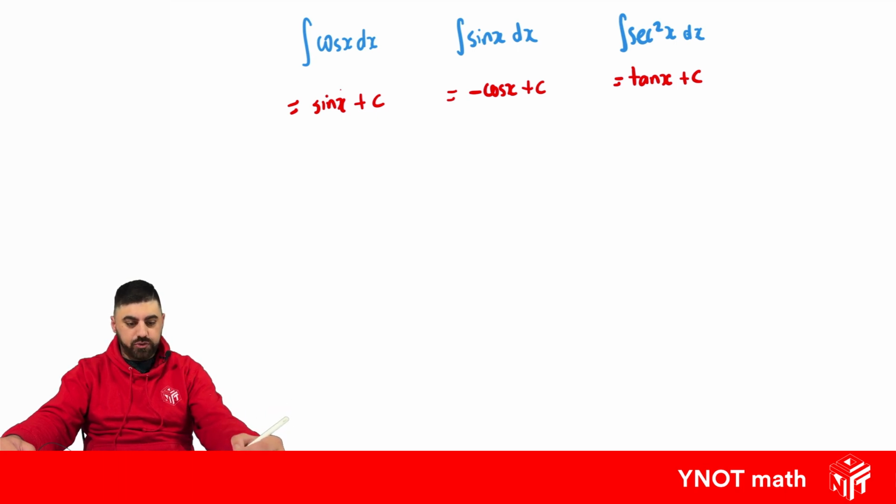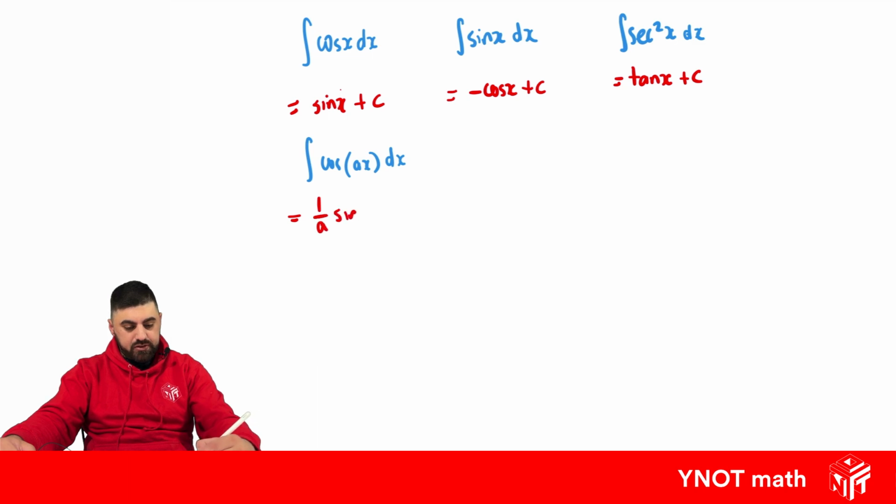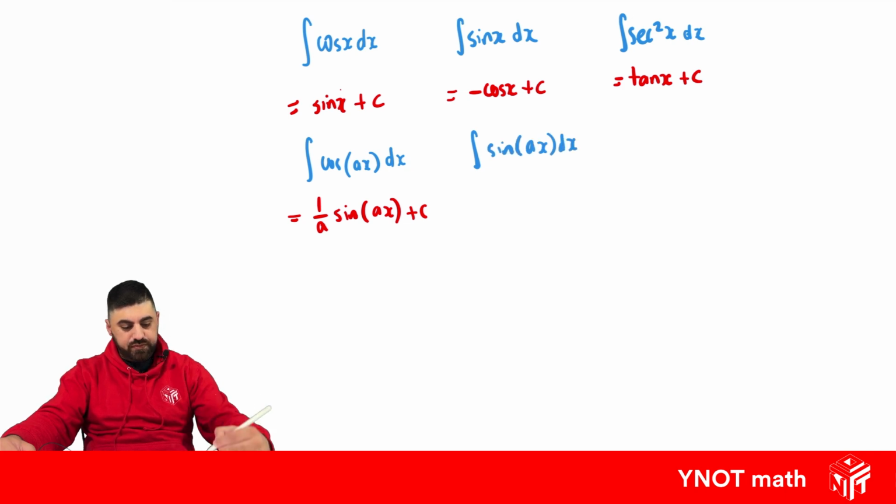But we're not going to always have just the integral of simple trig functions, so let's look at some more general cases. So if we have the integral of cos ax dx, this will actually give us 1 on a sine of ax plus a constant. If we have the integral of sine of ax dx, this will give us minus 1 on a cos of ax plus a constant.